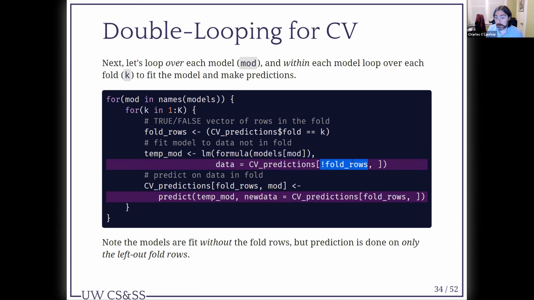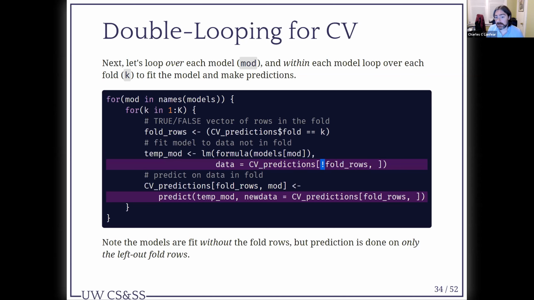So for the first iteration, this says ignore every row where fold is equal to number 1. So this just deletes 10% of our data and runs this model. It runs the model, and then to our CV predictions data frame, for the rows corresponding to the current fold and the column corresponding to the current model, generate predicted values using this model specifically in the fold rows.